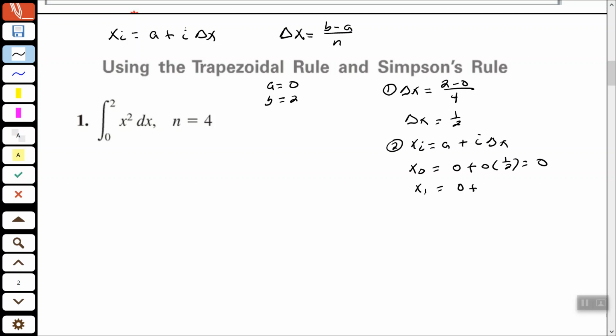In this case, we're on interval number 1, so 1 times 1/2. x sub 2, x sub 3, and x sub 4.